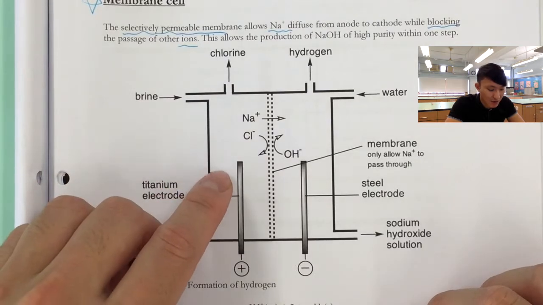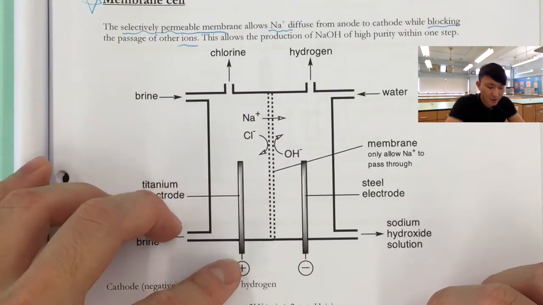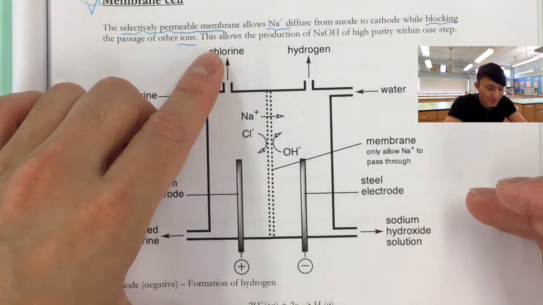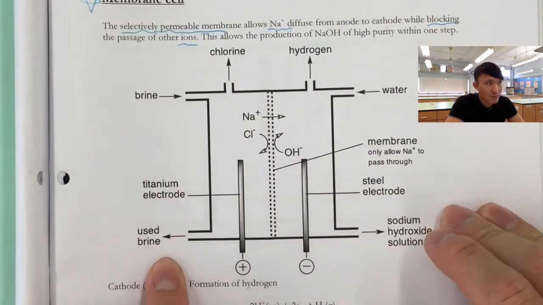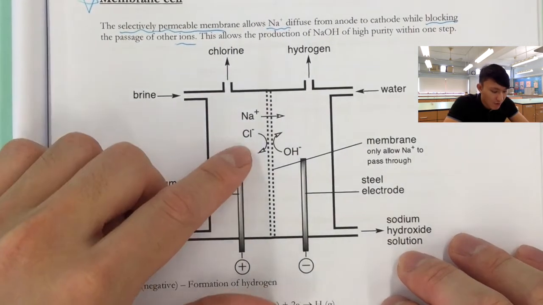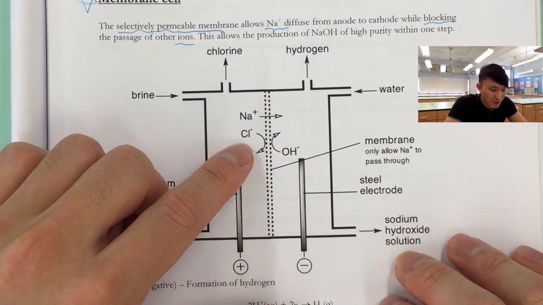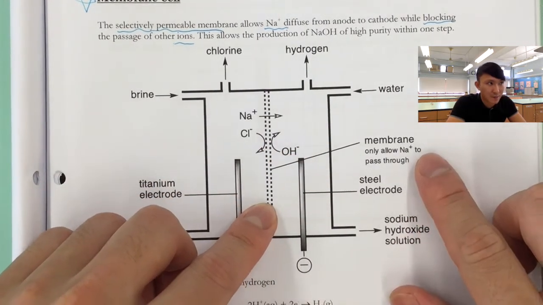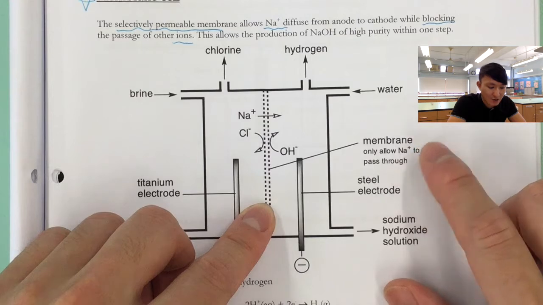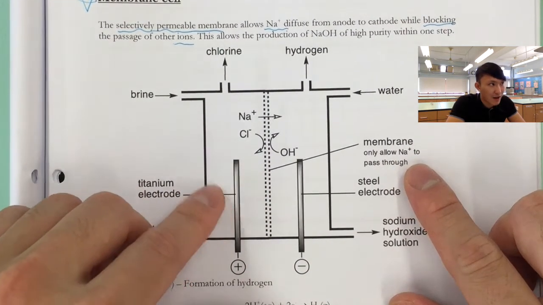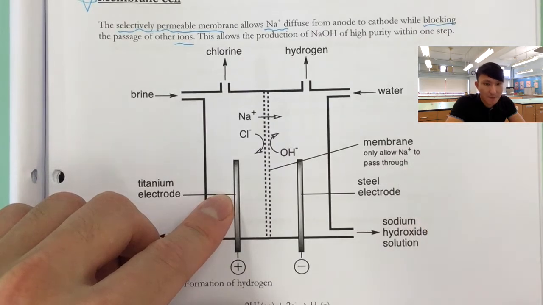Chloride ion here is attracted to the positive electrode, preferentially discharged to form chlorine. Used brine will be carried away. Now, this chloride ion is unable to pass to the right-hand side because remember, we have a selectively permeable membrane that only allows the sodium to pass through. So on the left-hand side here, the chloride will be used up.